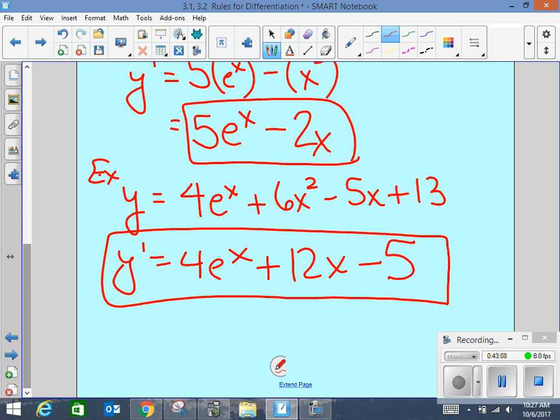Now I saw Lauren when she was writing this out. She wrote this one out, but then she did 0, because she's like, ah, that's a constant. I'm not going to drag it around. So that's smart.